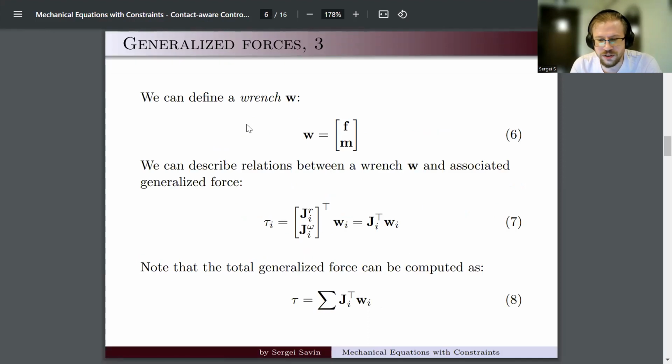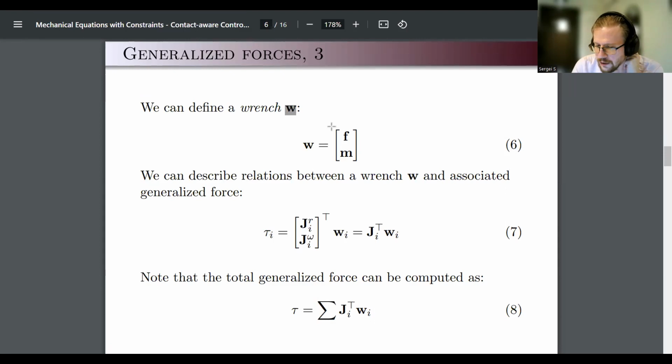Now, we could define what we call a wrench, W. Notice this is not omega, it's W, a different letter, and bold now because it is a Latin letter. W, call it sometimes.